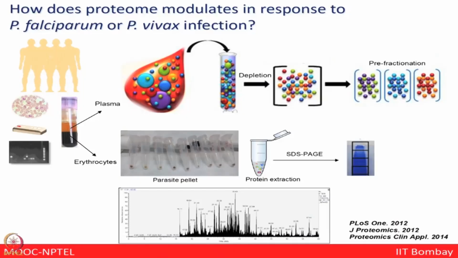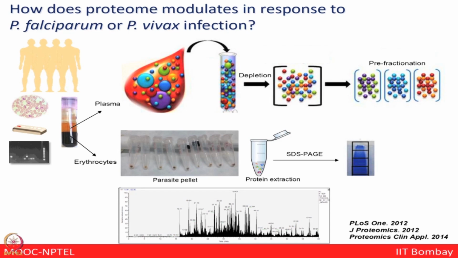In this slide, one could look at different types of proteomic approaches and different types of biospecimen to investigate this problem. One question we try to address is: how does the proteome modulate in response to Plasmodium falciparum or vivax infection? To do that, we looked at the patient's blood sample, at the plasma as well as the erythrocytes.